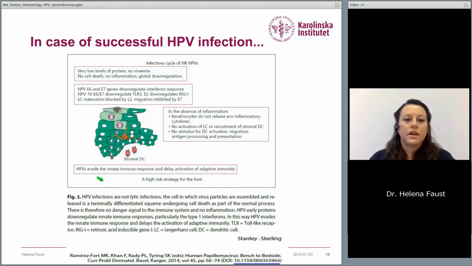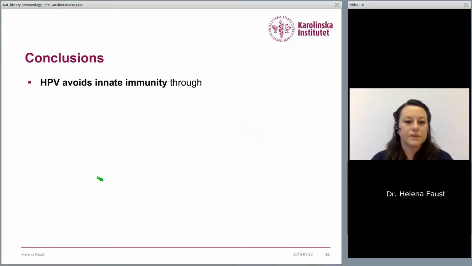Therefore, HPV evades the innate immune response, and as the innate immune response is delayed, the activation of adaptive immunity does not happen. So this is a very, very successful strategy for this virus. Conclusions for the immunology part.